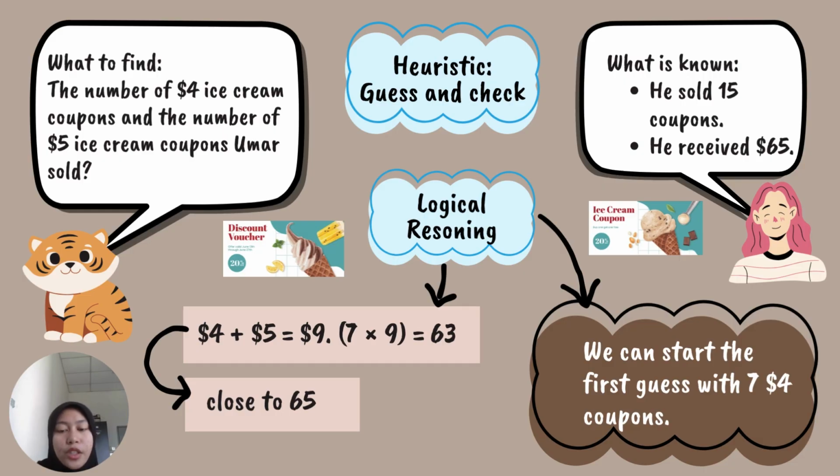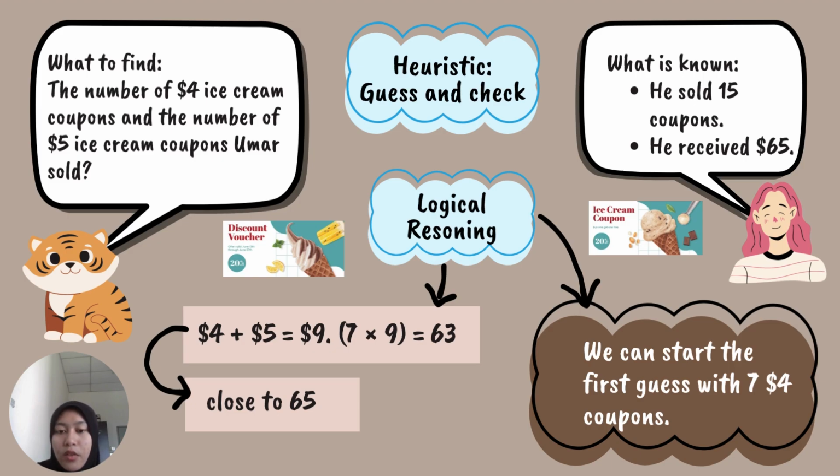For the next step, we need to decide which heuristic method to use. I will use guess and check. What we need to find is the number of $4 ice cream coupons and the number of $5 ice cream coupons Omar sold. What we know is he sold 15 coupons and he received $65.